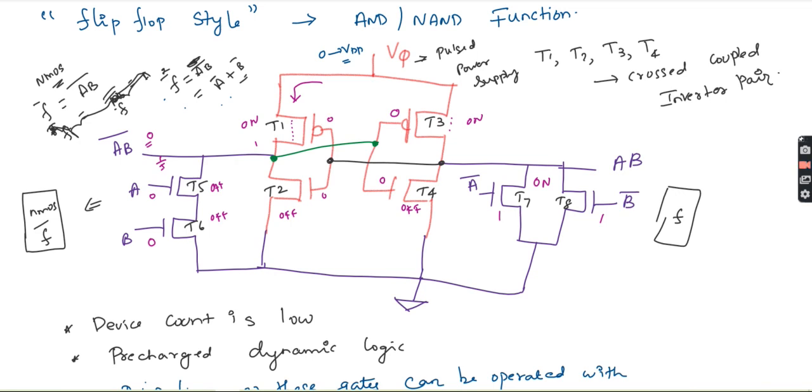We can go in two ways. Even this is on and here it is 0, so VDD will flow over there and charge to 1. But here these two transistors are off, so there is no discharging path, whereas here both transistors are on, so there is a discharge path.